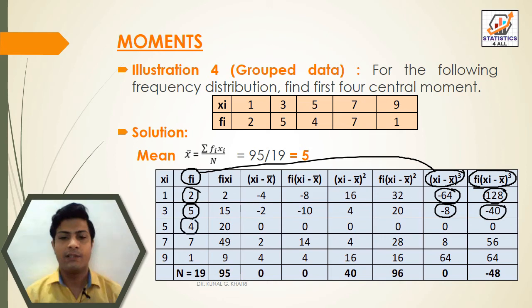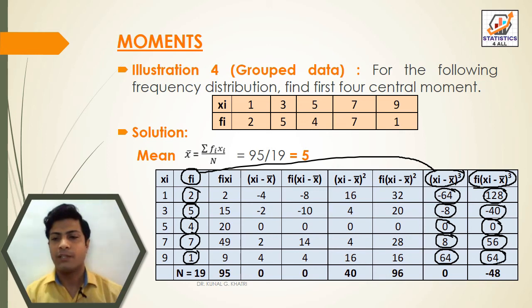Then 4 into 0, that is equal to 0. Then 7 into 8, that is equal to 56. Then 1 into 64, that is equal to 64. Now after multiplying all the values, we'll take the sum of fi into bracket xi minus x bar whole cube, we get value minus 48.